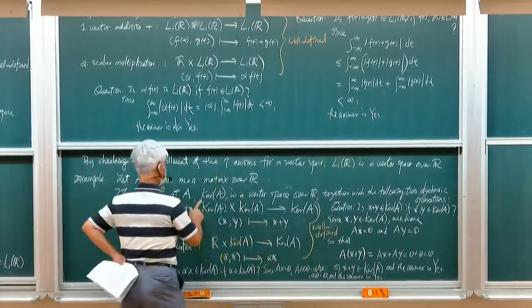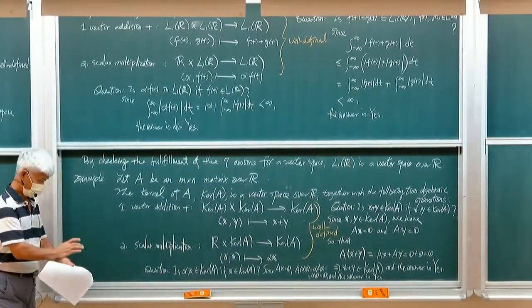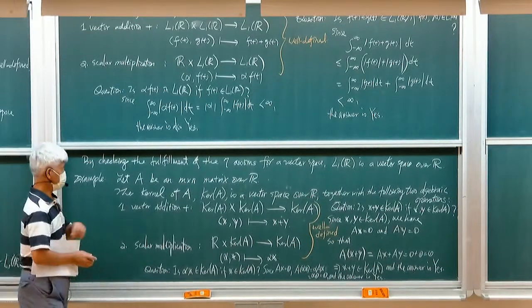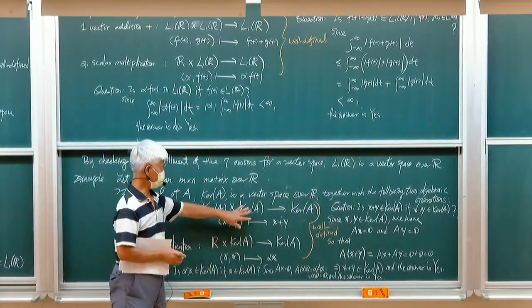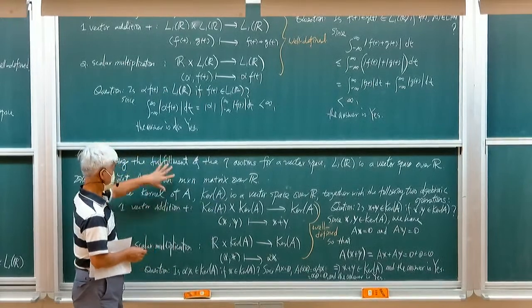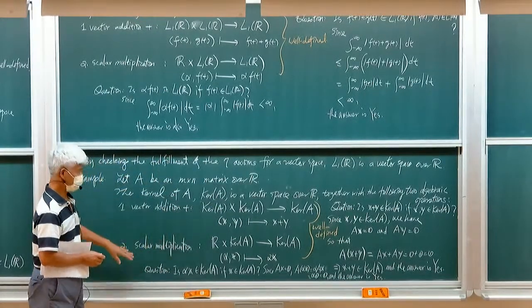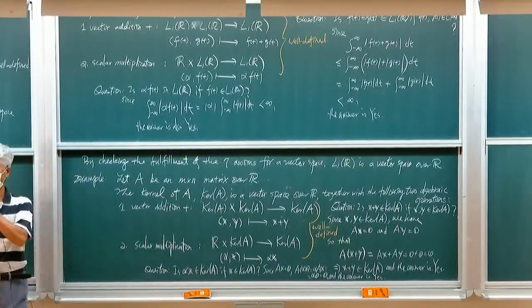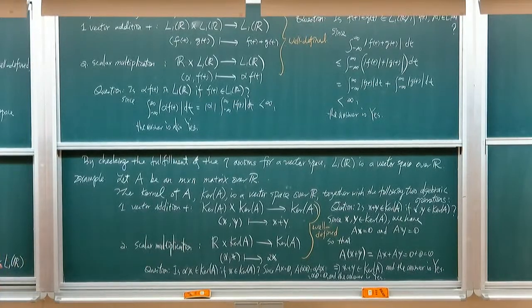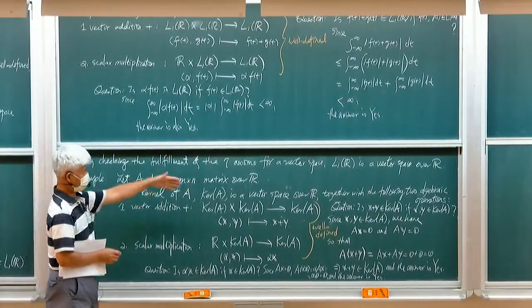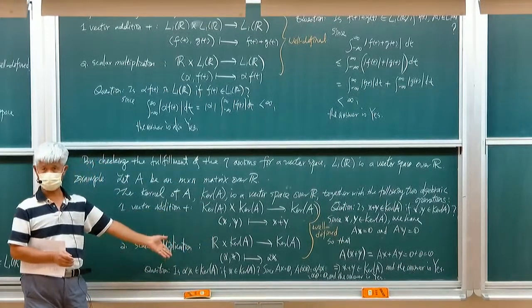So on the kernel of A, we do vector addition as ordinary vector addition in Rn, and we do scalar multiplication as the scalar multiplication in Rn, and we find that they are well defined.